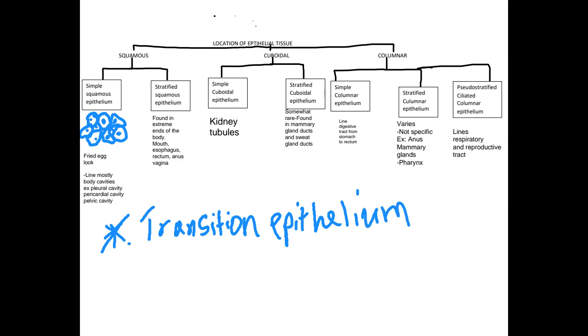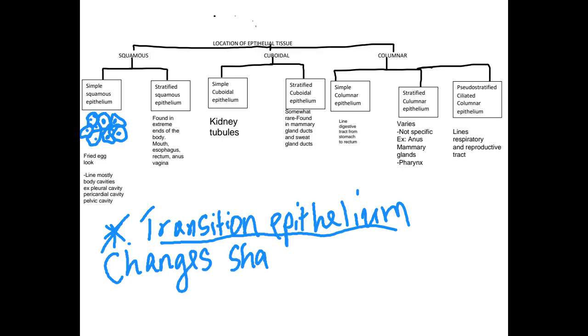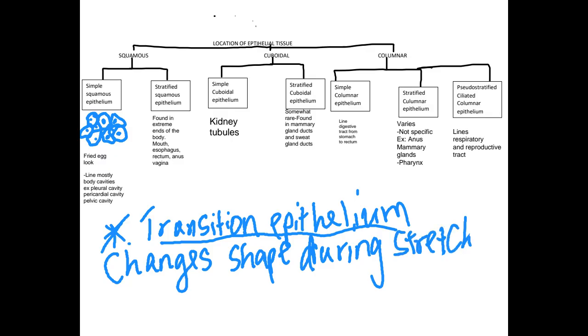And what it does is that it changes shape during stretching. And the location of it, or the most predominant place where you would find transitional epithelium, just think of your urinary bladder.